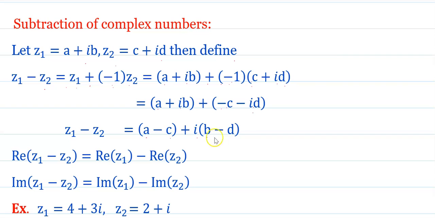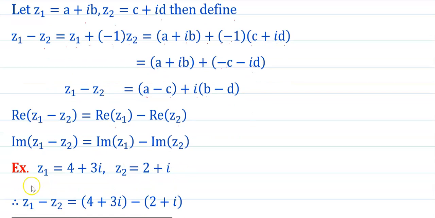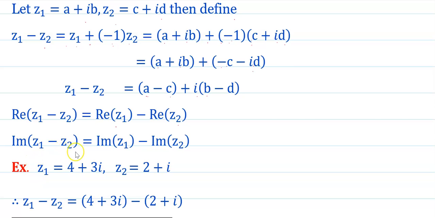Then in bracket you will get B minus D. And hence, the real part of Z1 minus Z2 is nothing but the real part of Z1 minus real part of Z2. Next, पुन्हा imaginary part of Z1 minus Z2 म्हणजे काय? की imaginary part of Z1 मधनं imaginary part of Z2 minus करायचं. Therefore, imaginary part of Z1 minus Z2 is nothing but imaginary part of Z1 minus imaginary part of Z2.